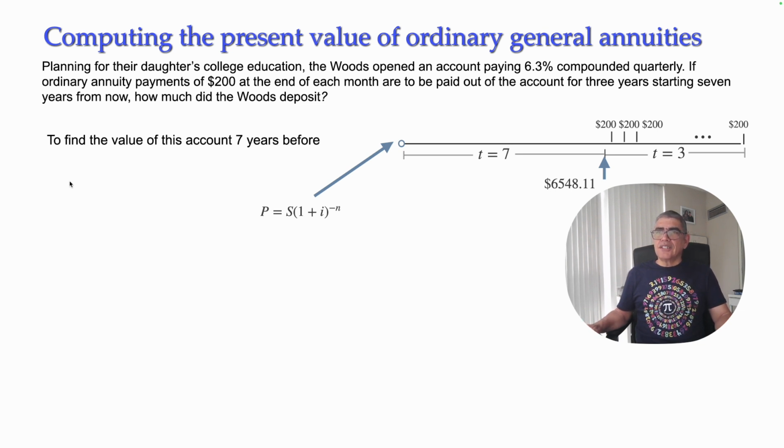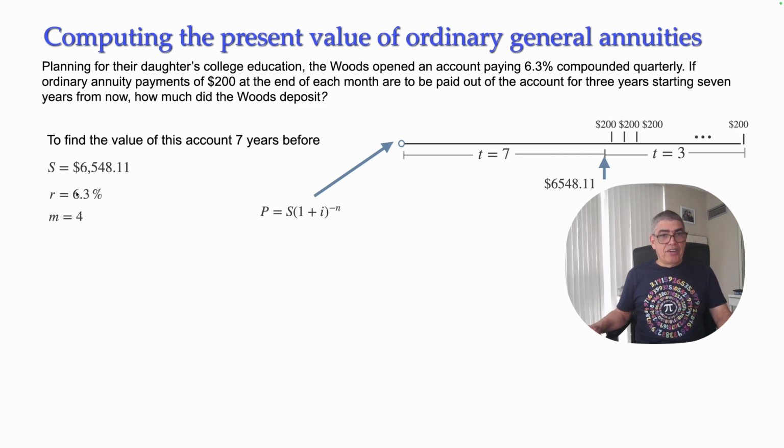Okay, let's use this, and we know that for this period the future value is 6,548.11. So let's type here 6,548.11. Then the I, the nominal rate of interest, is 6.3% compounded quarterly, so m equals 4.